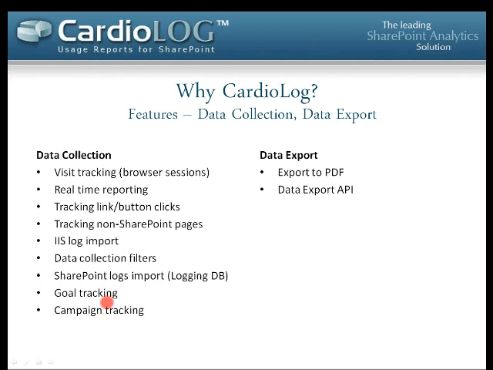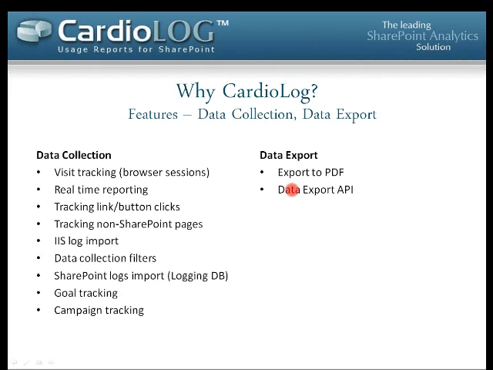Goal tracking and campaign tracking. Goal tracking, I'll speak about in a moment. Campaign tracking is the ability to follow the clicks of different links into the portal from external sources. Export to PDF is a new feature for CardioLog which is missing from SharePoint.